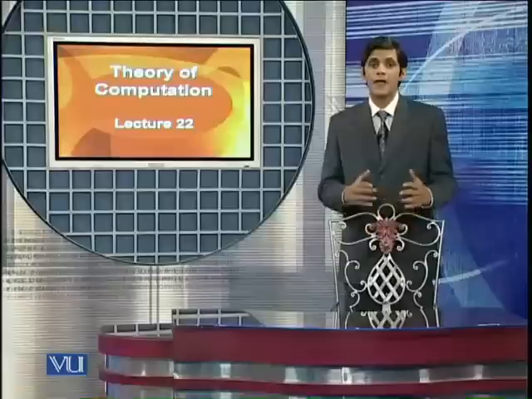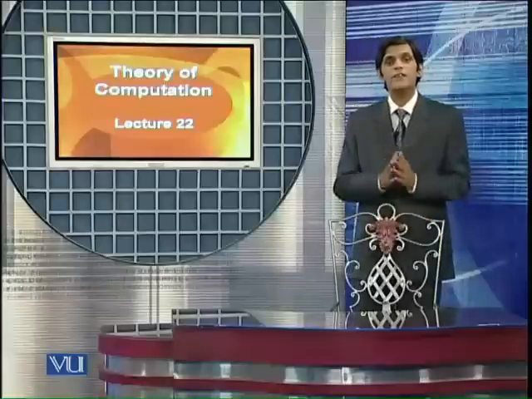So as long as there's one branch that accepts the input, we'll say that x was accepted by the non-deterministic Turing machine. On the other hand, we will say that the machine rejects the input if all branches reject the input. And so, acceptance and rejection are not very symmetric when we are talking about non-deterministic Turing machines.